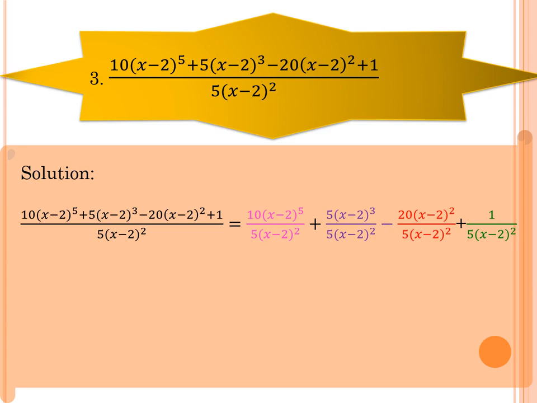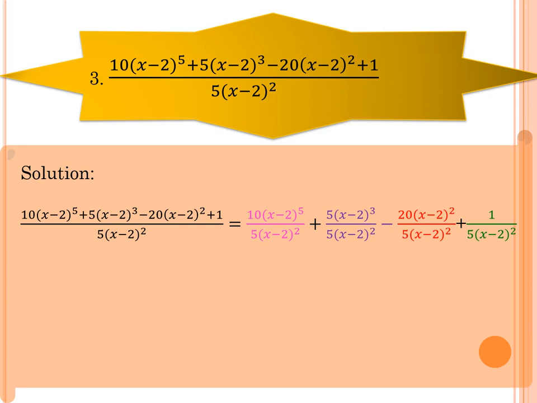So, this is equal to 10 quantity x minus 2 to the power of 5 divided by 5 quantity x minus 2 to the power of 2 plus 5 quantity x minus 2 to the power of 3 divided by 5 quantity x minus 2 to the power of 2 minus 20 quantity x minus 2 to the power of 2 divided by 5 quantity x minus 2 to the power of 2 plus 1 divided by 5 quantity x minus 2 to the power of 2. Okay?